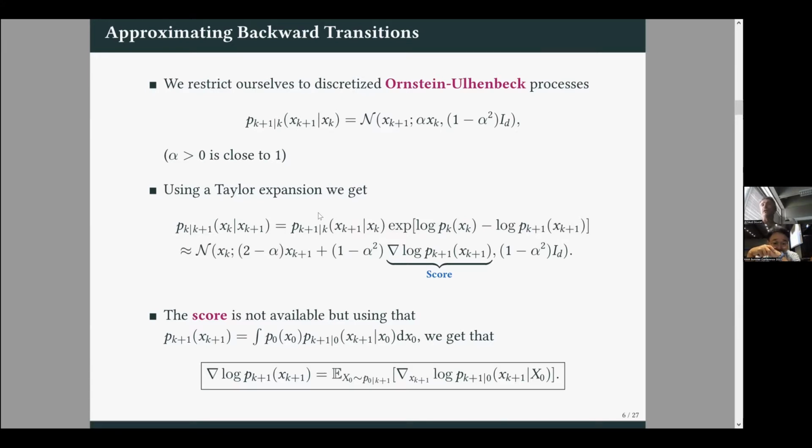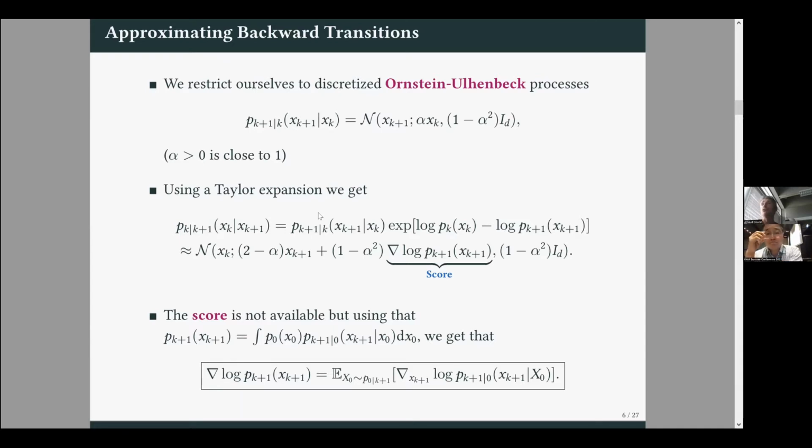And it's to say really that because I've assumed that my Markov transition kernel moves my sample very slowly, okay? So somehow p_k is approximately equal to p_{k+1}. There's not much difference between the marginal distribution at time k and at time k+1.